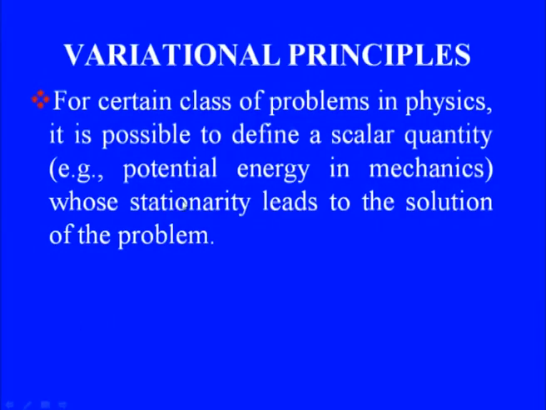This is what happens for a certain class of problems in physics. It is possible for us to define a scalar quantity, for example potential energy in mechanics, whose stationarity leads to the solution of the problem. That is to say, we have to reach either an extrema, it could be a minima or a maxima. This is what we mean by stationarity here.